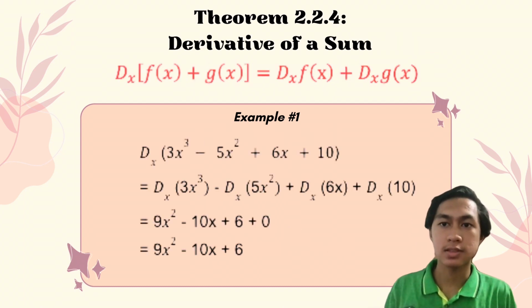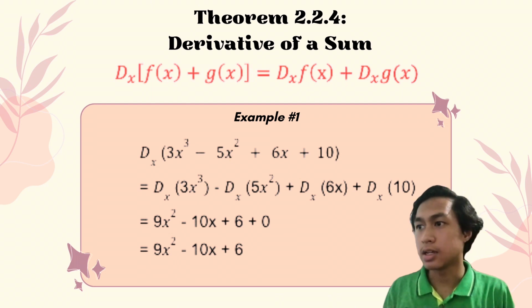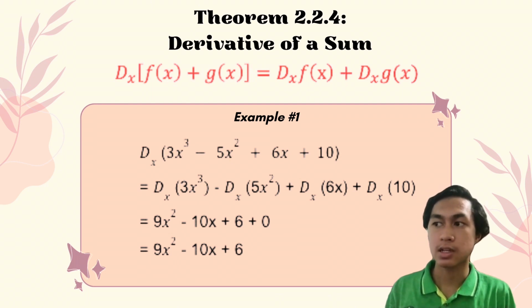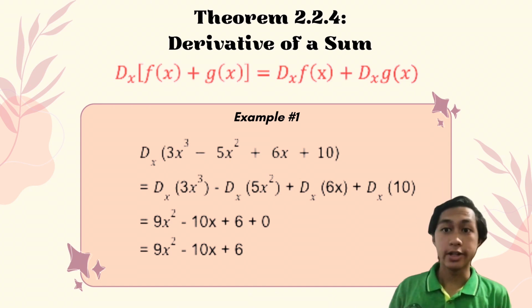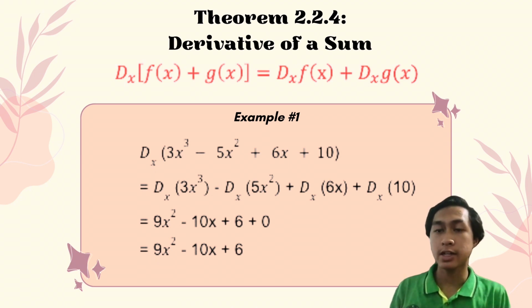The next theorem is the derivative of a sum, and it indicates that the derivative of f of x plus g of x is equal to the derivative of f of x plus the derivative of g of x. Here's the example for the derivative of a sum. We have the derivative of 3x cubed minus 5x squared plus 6x plus 10.